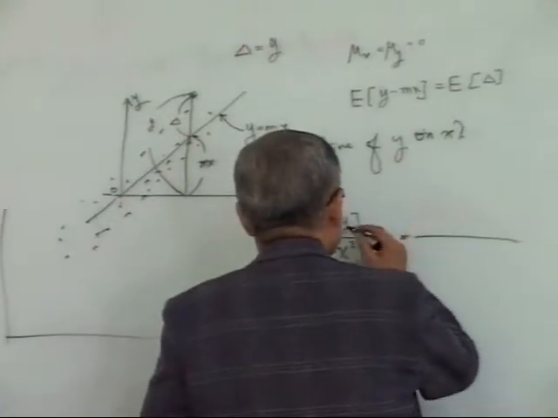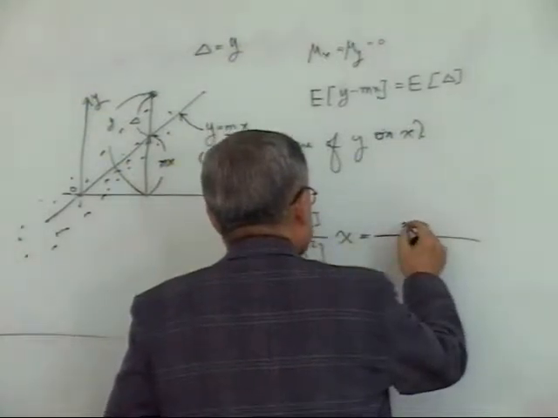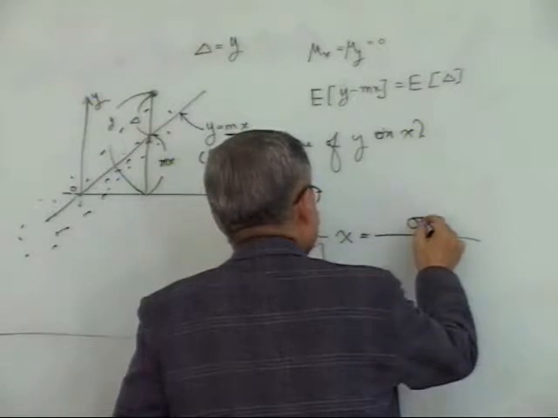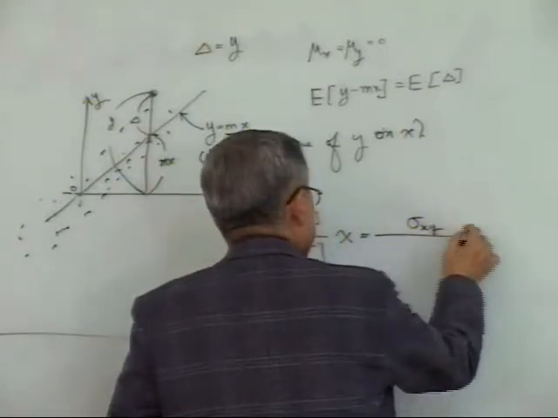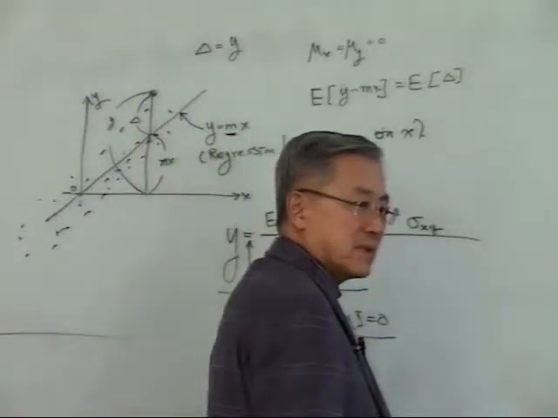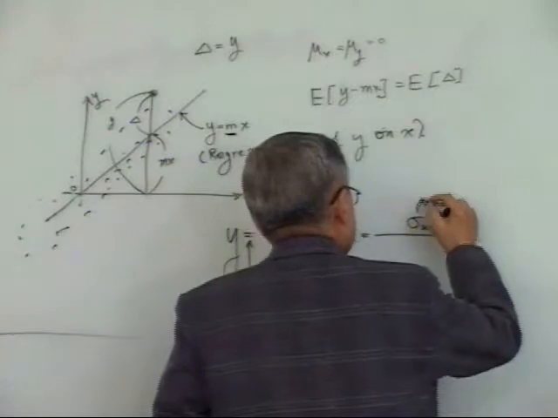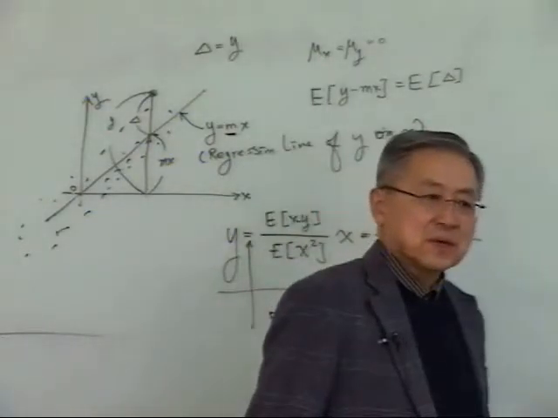So here, E of xy, anybody knows what E of xy is, what do you call it? Sigma xy, right? This is what we covered already. And what do you call this? Can anybody tell what sigma xy is?